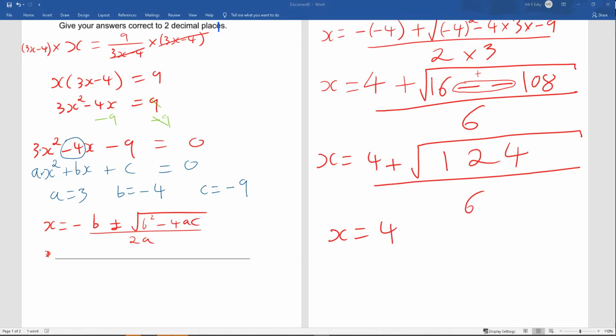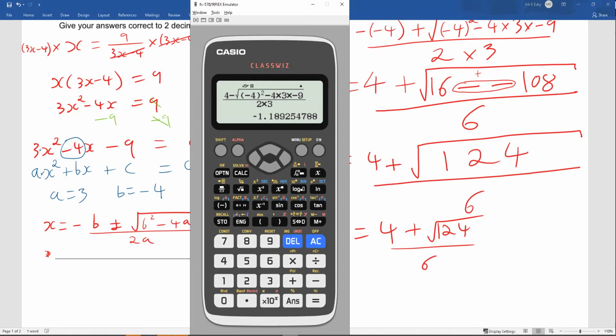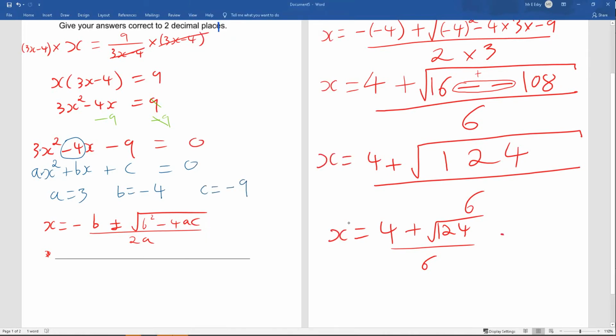So we will have x equals 4 plus the square root of 124 over 6. That is one of our solutions. And to 2 decimal places, that will be 2.52.